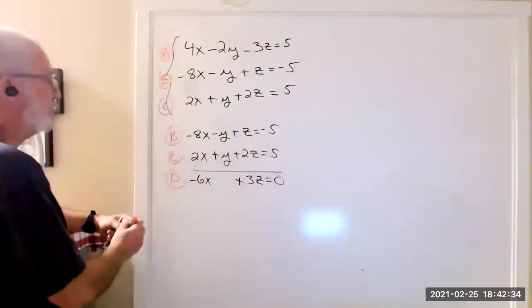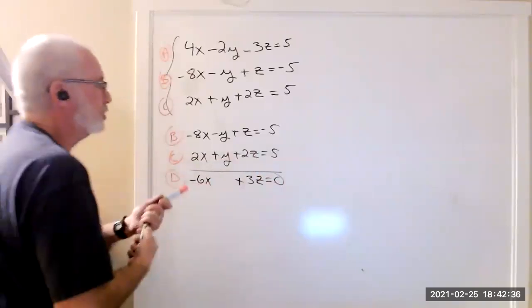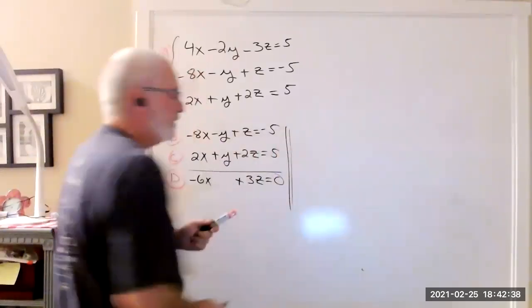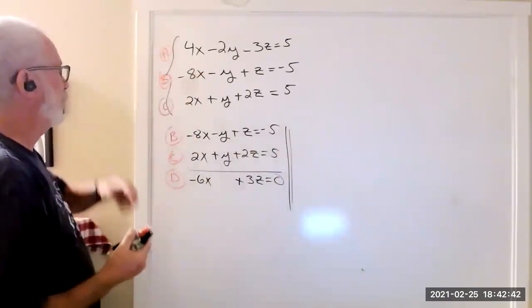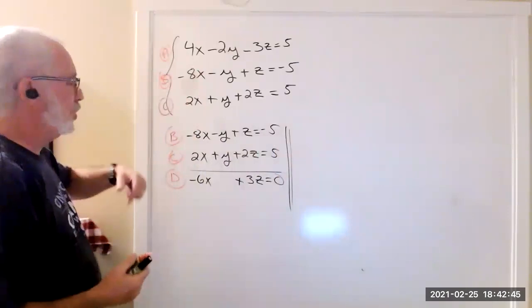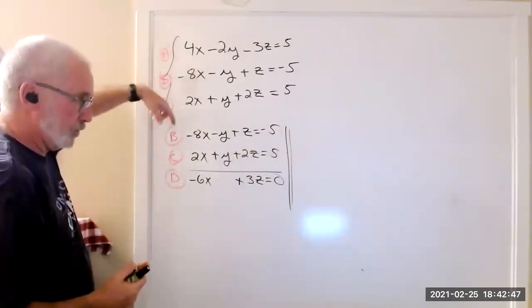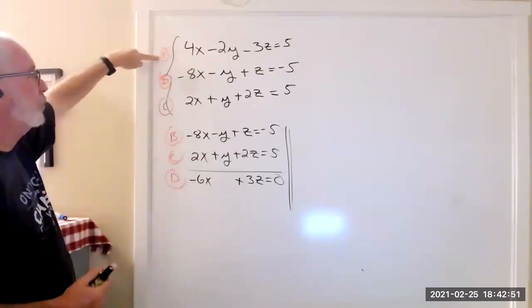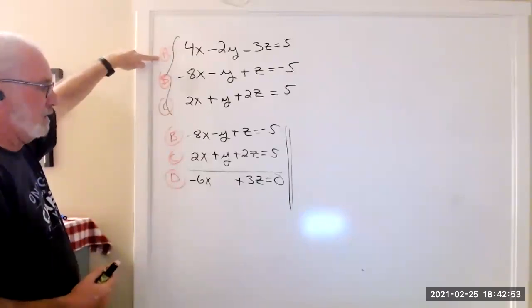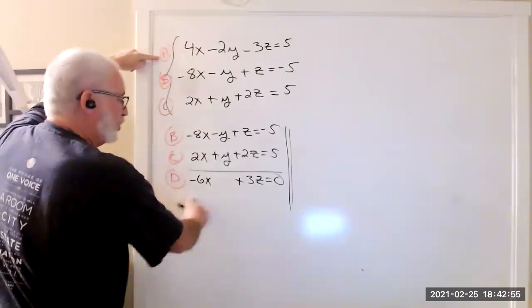Now we go back to the original equations, A, B, and C. We have to use the unused equation of the originals. That means we have to use A, and we have to get rid of the y, because D has no y's in it.